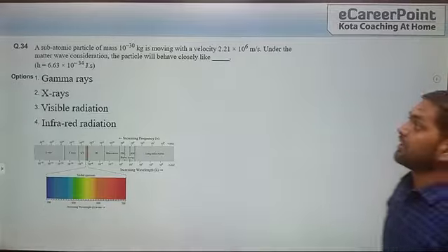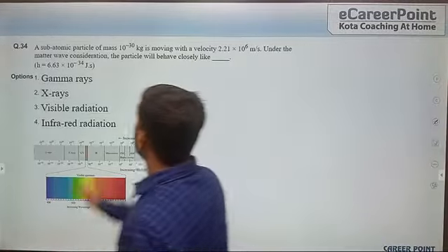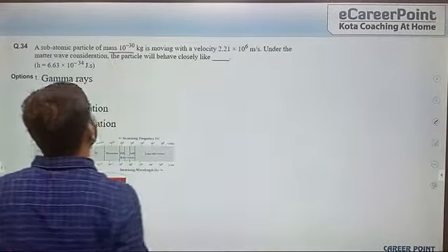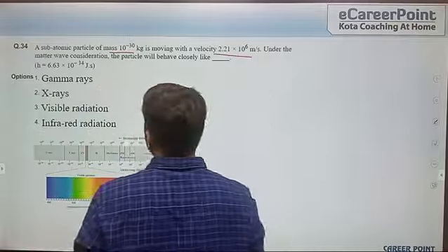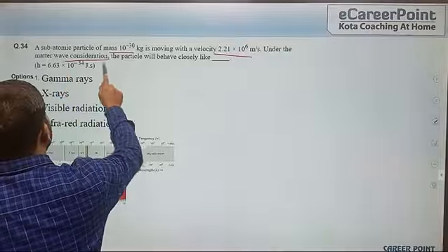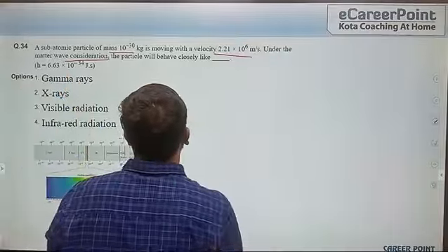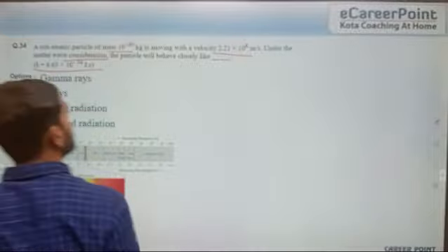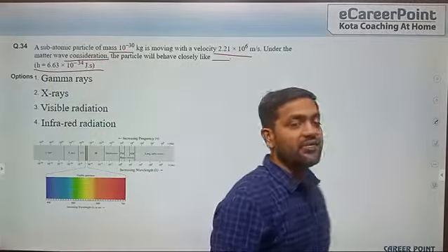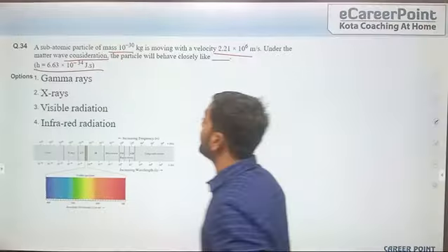Next, here we have a subatomic particle of mass 10 power minus 3 kg moving with a velocity. Under the matter wave consideration, the particle will behave closely like what? So by using the de Broglie wavelength we can find this. What is the de Broglie wavelength?